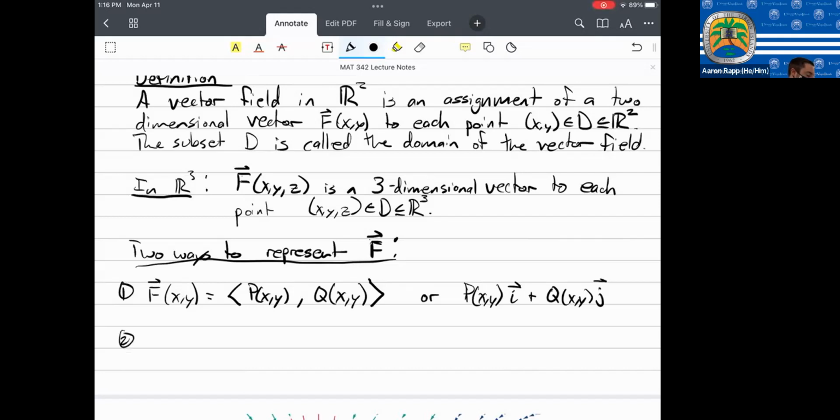And if we go to 3 dimensions, we're essentially going to stick with the same 2 styles, right? I build it component wise, where I see the function for the X direction that's going to determine how much I travel in the X direction, how much I travel in the Y direction, and then how much I travel in the Z direction.